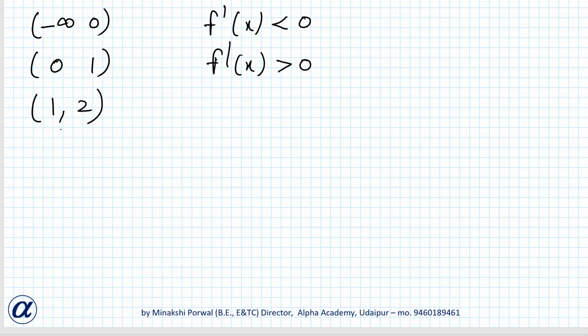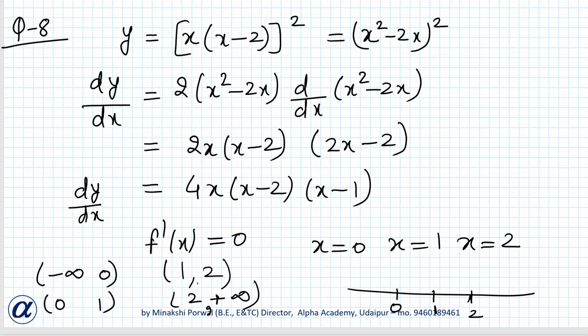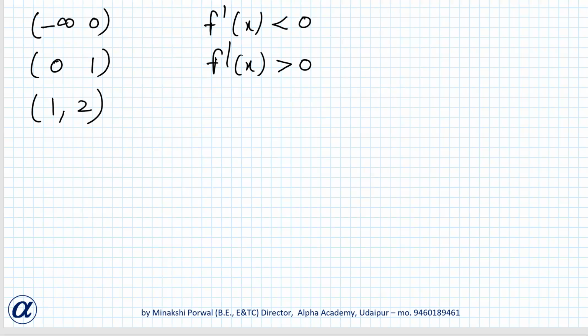Then from 1 to 2, suppose 1.5. If I substitute 1.5 here, this will be positive, this will be negative, and this will be positive. So only one negative sign, so f dash x will be less than 0.